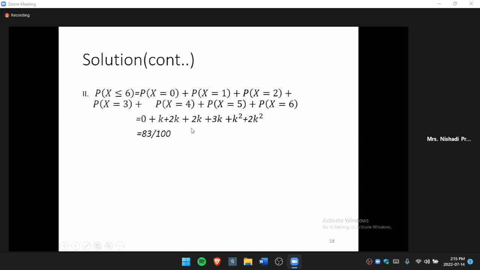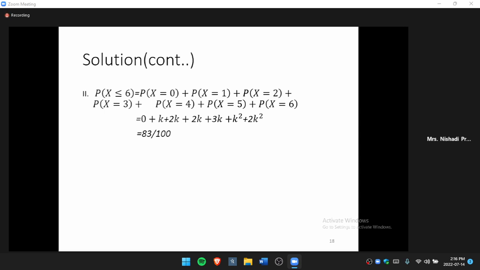Finally, you will have k plus 2k plus 2k plus 3k plus k square plus 2k squared. And after substituting the value of k, that is 1 over 10, you will end up with 83 upon 100. Understand?